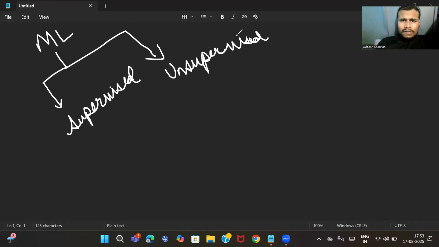Pardon me with my writing. So one is supervised and the second one is unsupervised learning. In supervised learning, what problem are we going to solve? There are generally two problems which we solve in supervised learning.